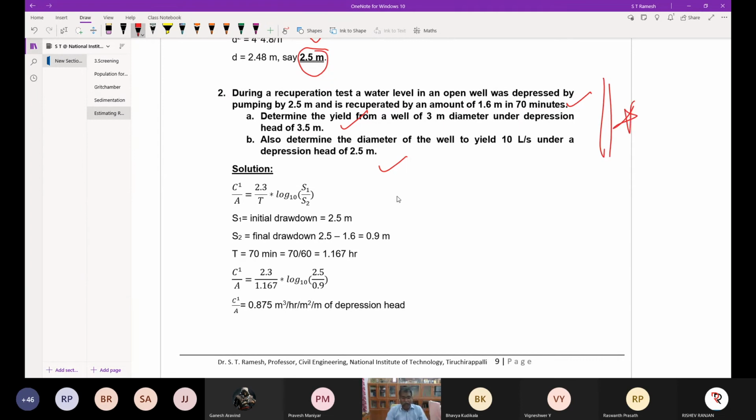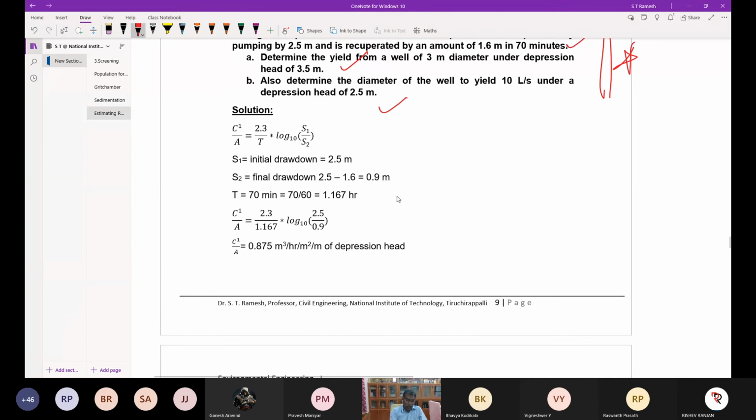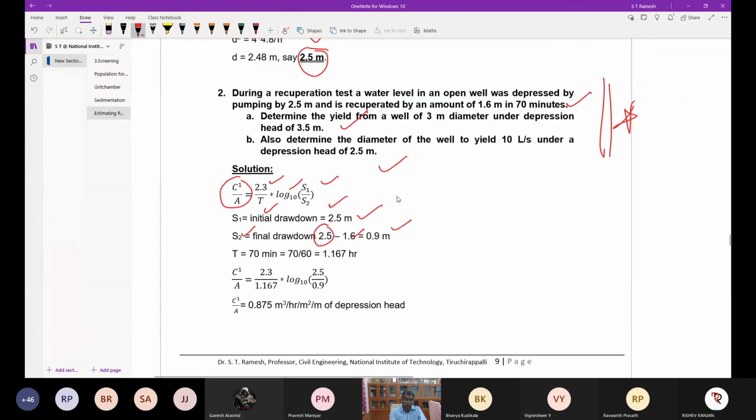So you can use this formula: C dash by A is equal to 2.3 by T into log to the base 10 of S1 by S2. S1 is the initial drawdown, that is 2.5 meter. S2 is the final drawdown, that is 2.5 minus 1.6, as given in the problem, 1.6 after 70 minutes.